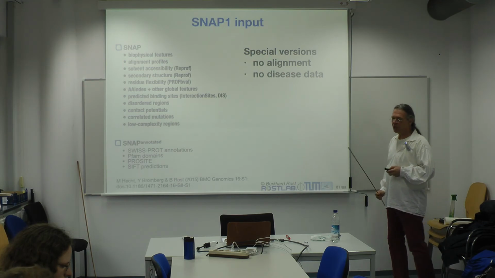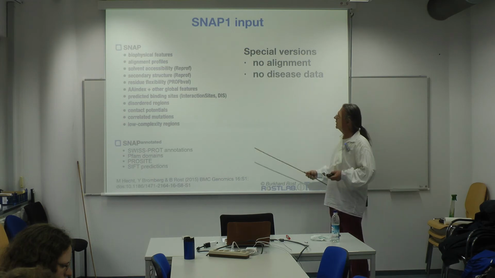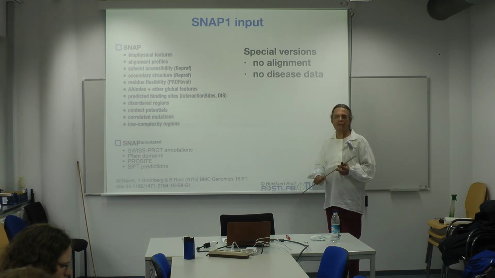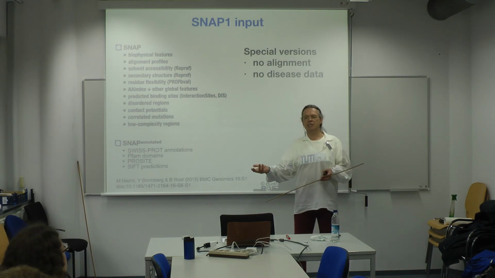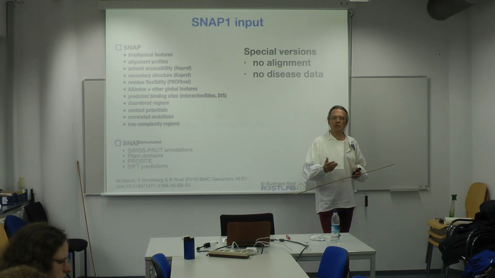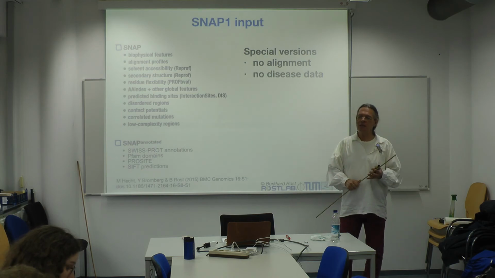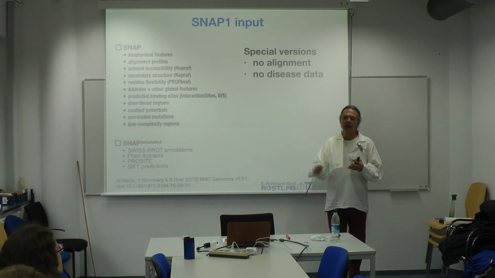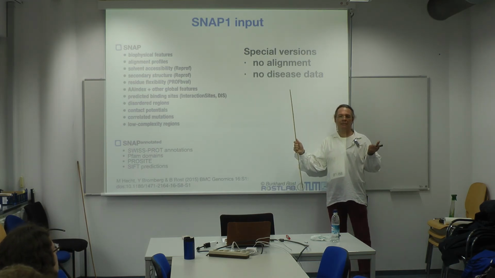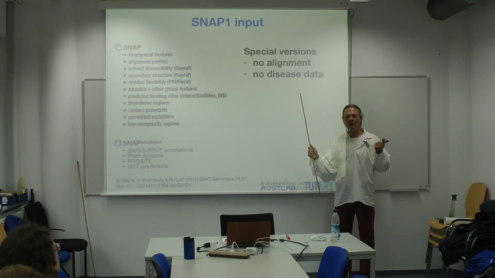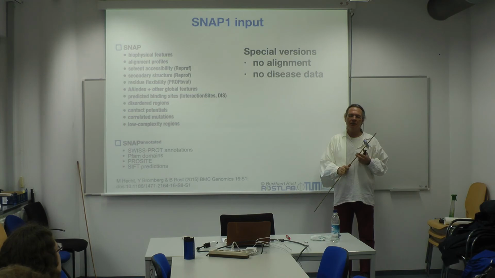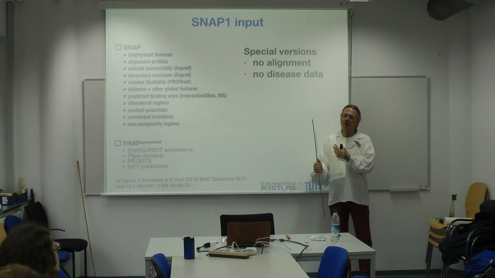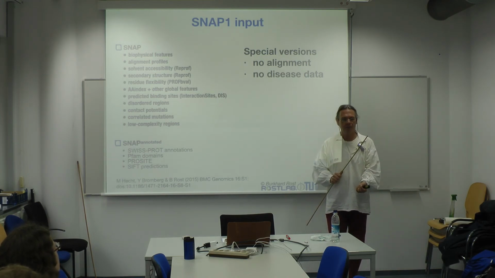But the most important change ultimately, so retrain larger data set, but then also have different versions. So I have a version that doesn't use alignment information and a version that doesn't use the disease data. Because then you can sort of differentially see whether a particular variant gives an effect. To predict an effect of a particular variant, you take the version that doesn't use disease trained, and you still get an effect, and you assume this is a molecular effect.